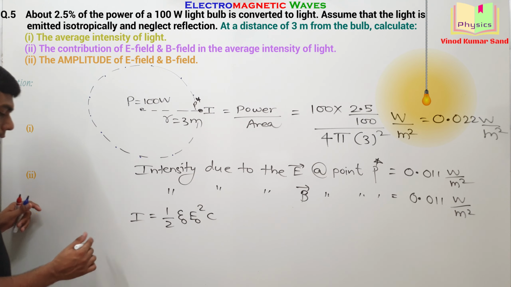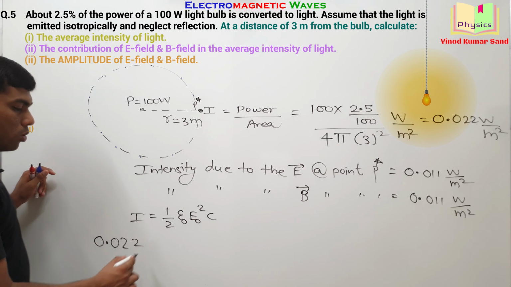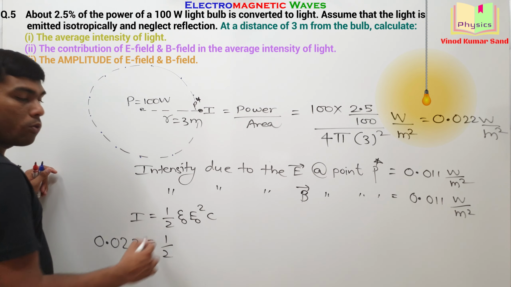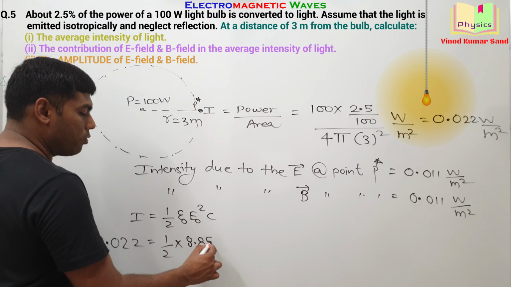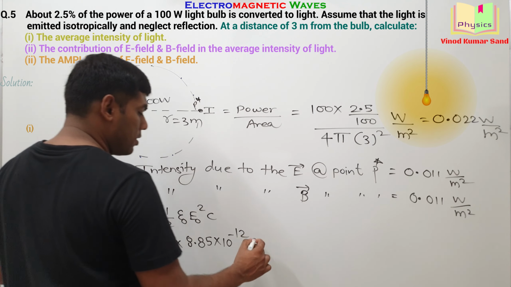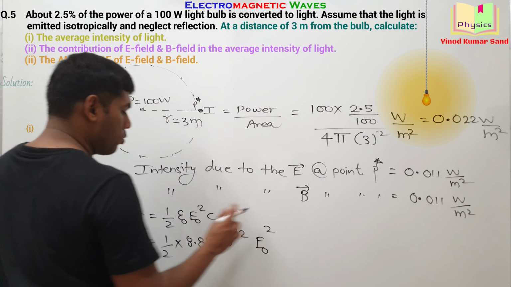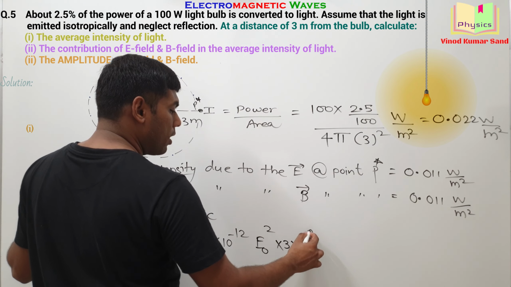I am writing that here. 0.022 is equal to half. What is the data for epsilon naught? 8.85 into 10 to power minus 12. Then this E naught square remaining, and then here comes 3 into 10 to power 8.